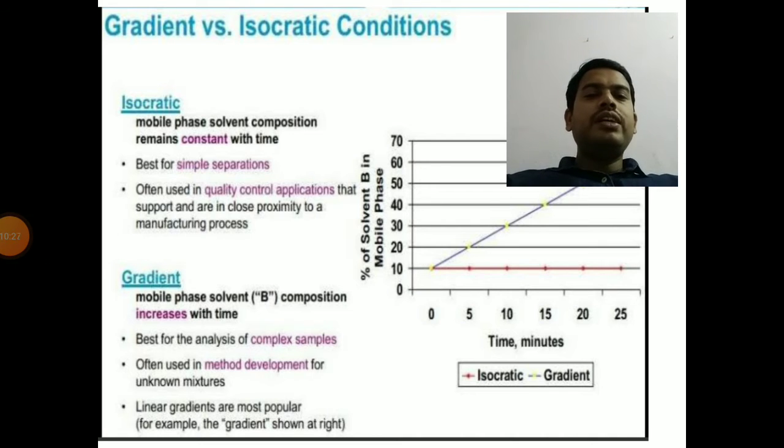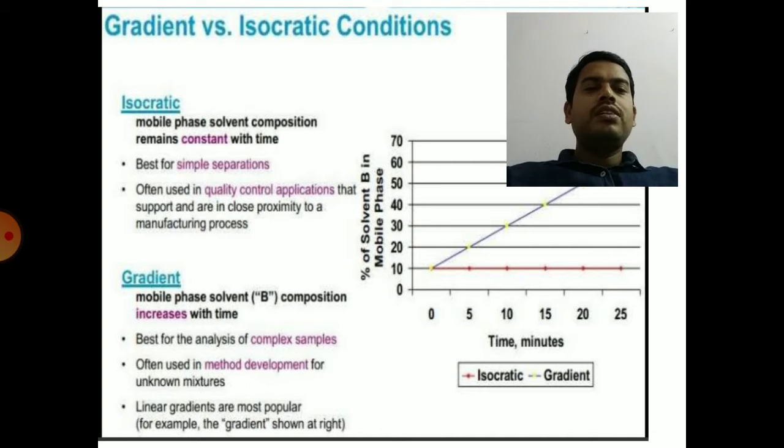In isocratic elution, the concentration of the buffer will be the same throughout the time. It is only the volume of the buffer used to elute the sample particles out of the column. The concentration of the buffer will remain the same. So that is isocratic elution.